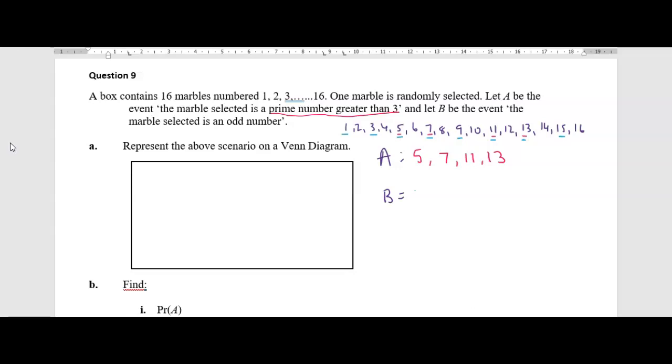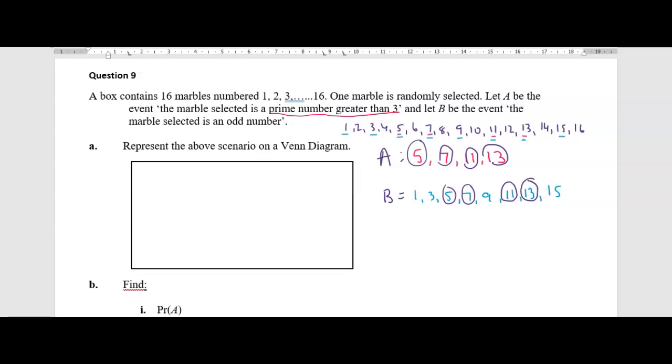Okay, so I've got 1, 3, 5, 7, 9, 11, 13, 15. Now, we've got to see what numbers are the same. So we've got a 5 and a 5, a 7 and a 7. They're all, whoops, 13.